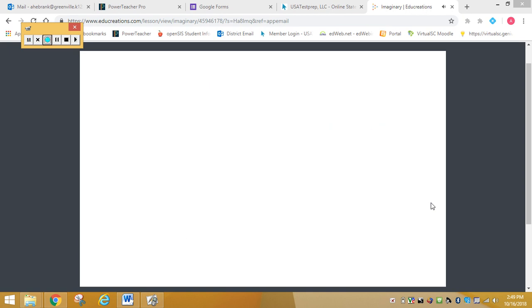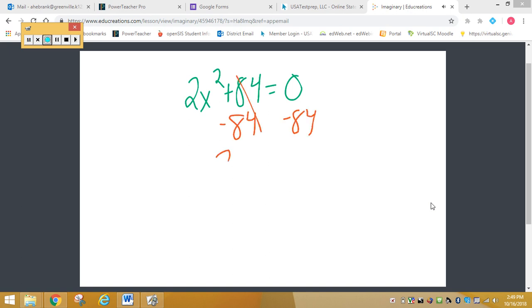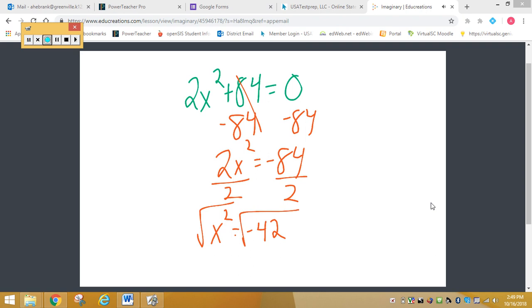Let's do another one. Let's do 2x squared plus 84 equals 0. So we would subtract 84. 2x squared equals negative 84. We would divide by 2. So x squared equals negative 42. We do the square root of both sides.